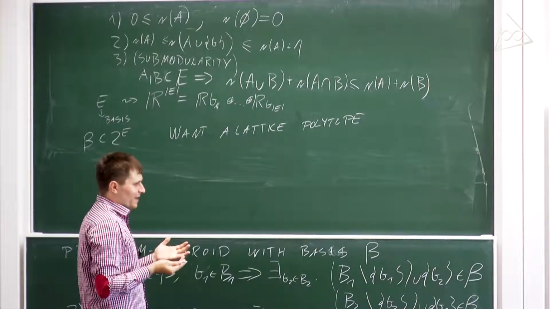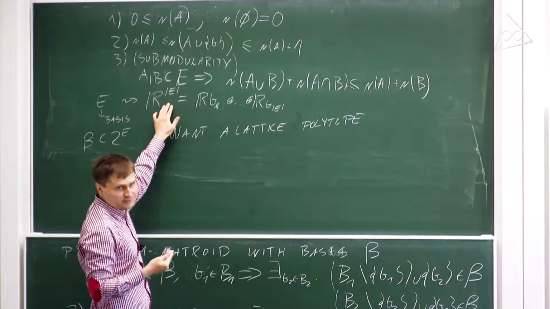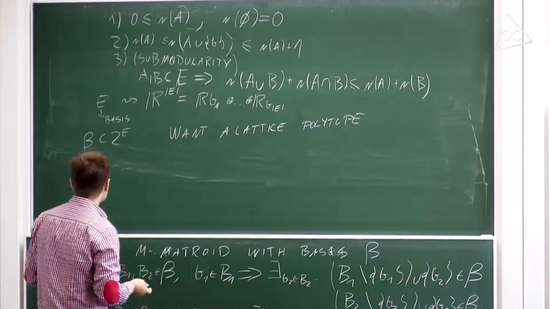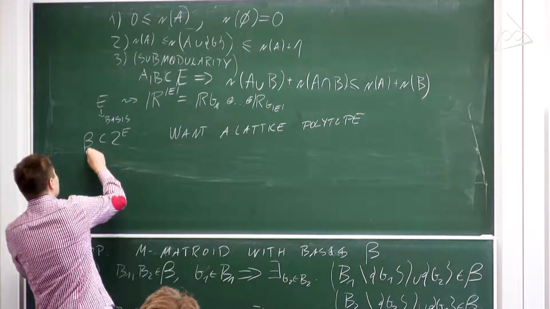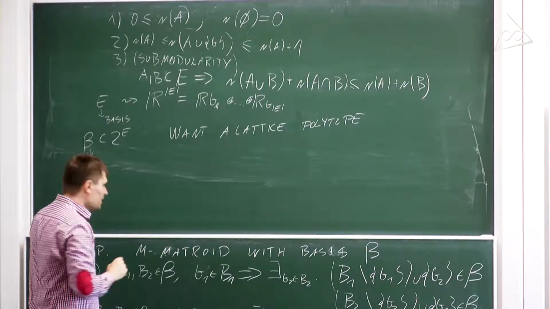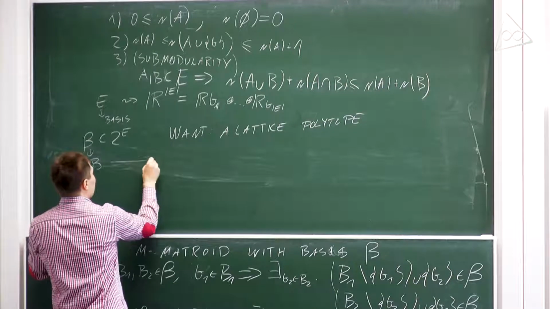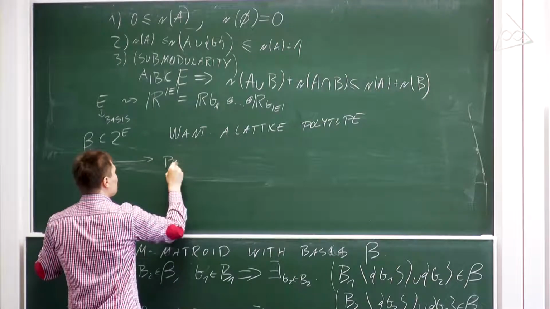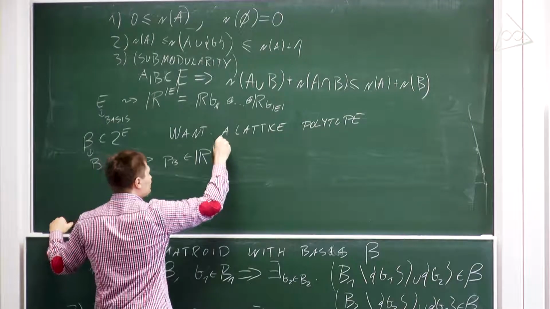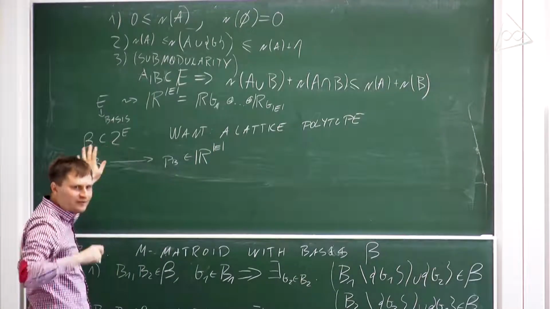So how do I cook up points here? Well, I need a lot of them, or at least a few. So I will associate one point to every basis. How do I associate a point to a basis? Forget it's a matroid, forget everything.